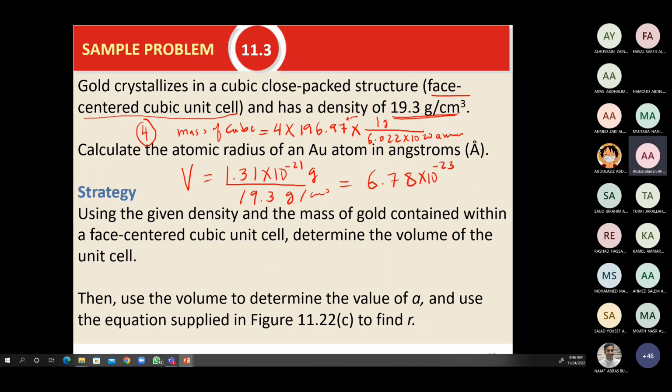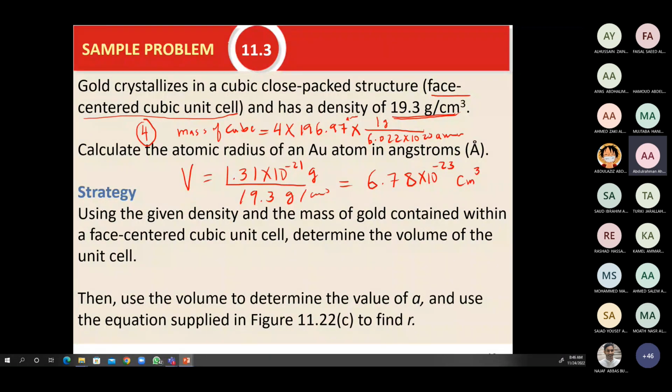Did you get the same answer? Okay, so the volume is this, in centimeter cube. How can I change it to meter or angstrom? Let's change it to angstrom right away.